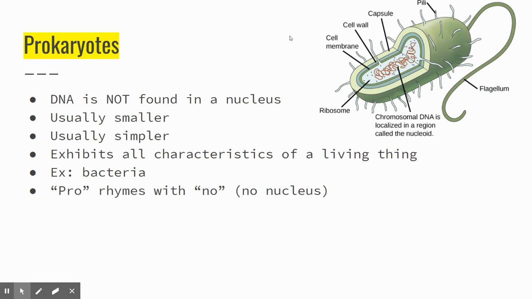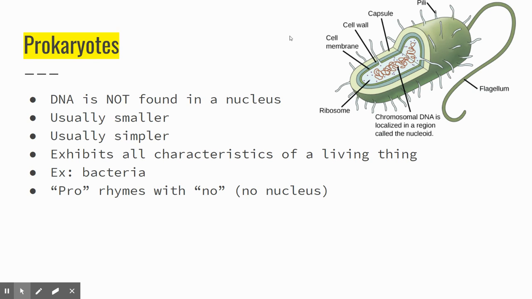Usually these are smaller cells. They're usually much simpler, having fewer parts. Still exhibit all the characteristics of a living thing because they are a living entity. An example would be bacteria. So some of those smaller ones on the previous picture, we call these prokaryotes.